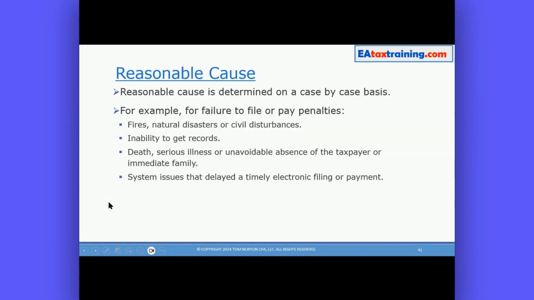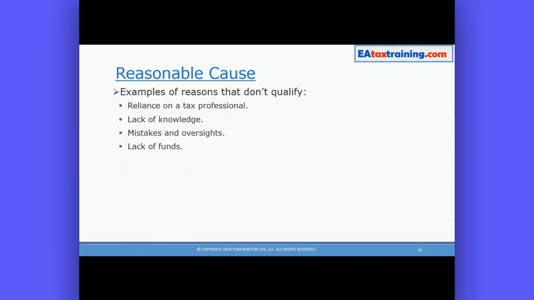With all the technology that we have these days, sometimes there are issues with things and you were trying to, for instance, file on time, but there was a glitch with the electronic filing. So the IRS can look at that and say, okay, we will waive the penalty in this particular case.